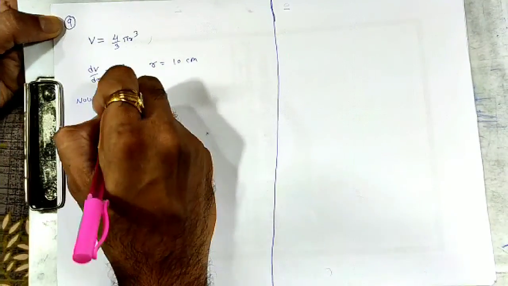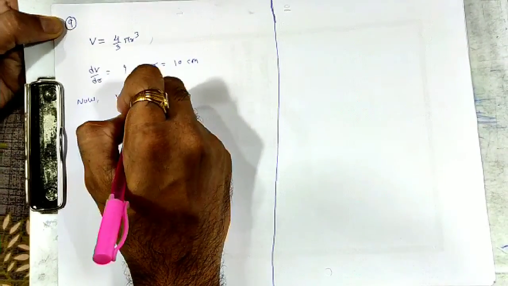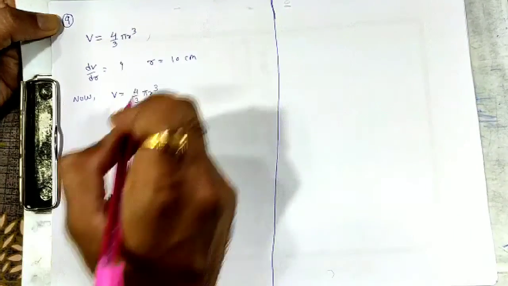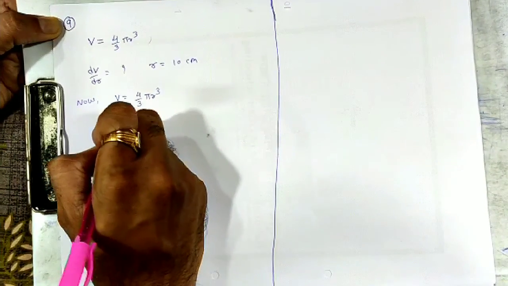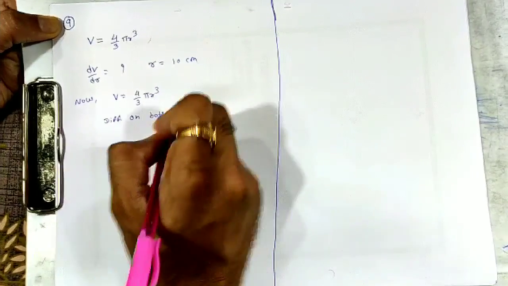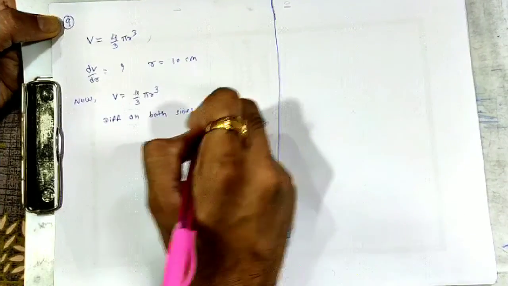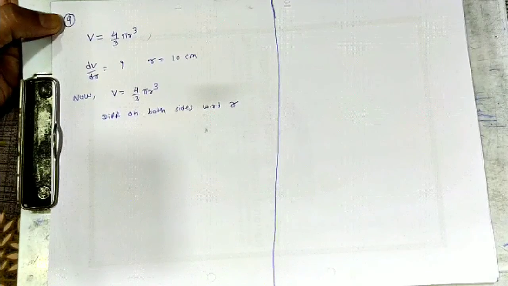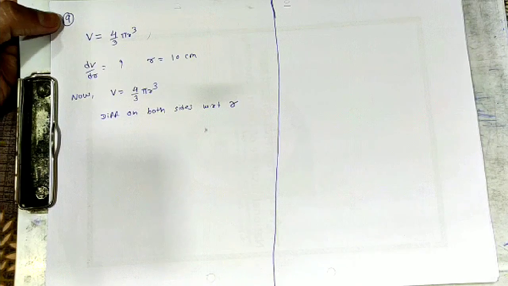So here we'll start with the volume of the spherical balloon, 4 by 3 pi r cube. Then differentiate on both sides with respect to r. Here you have to differentiate with respect to r because we are given variable r.